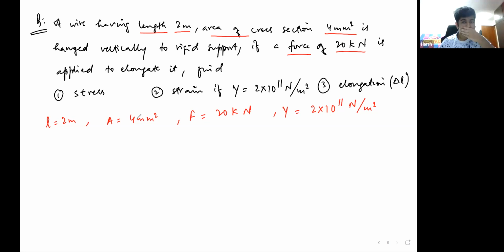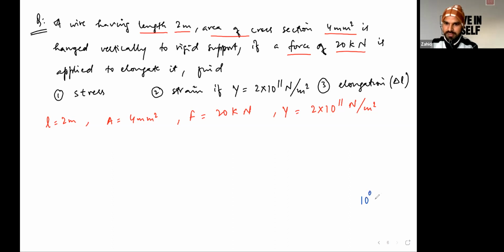So do you have any idea how to convert mm square into meter square? No, sir. Let me define it, just 1 minute. You must have learned how to convert units from one term to another.